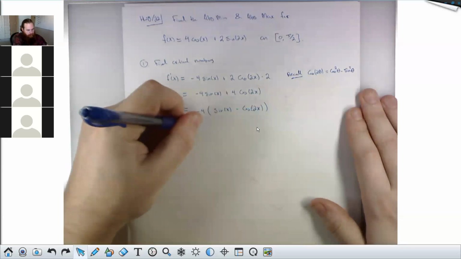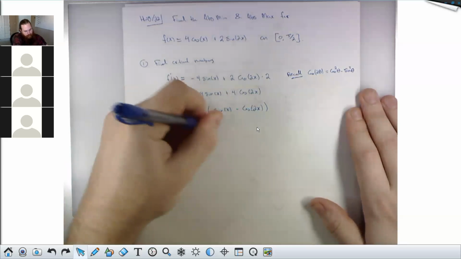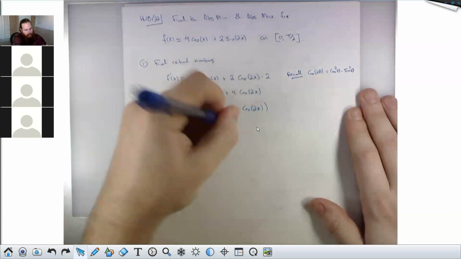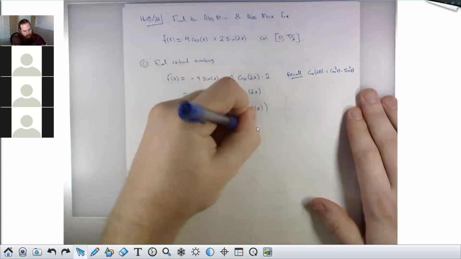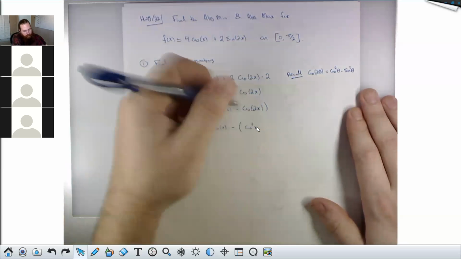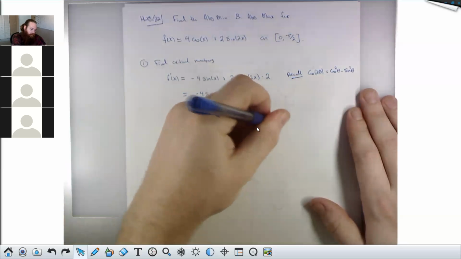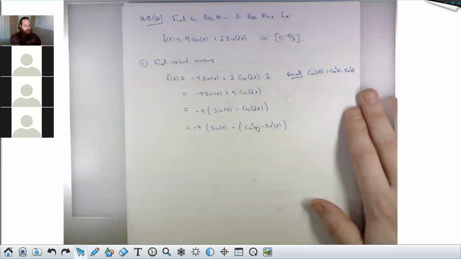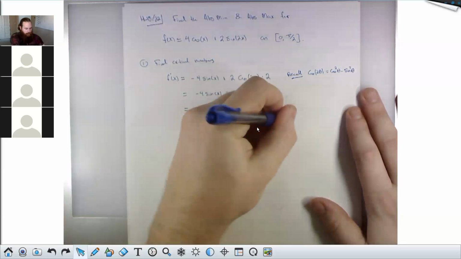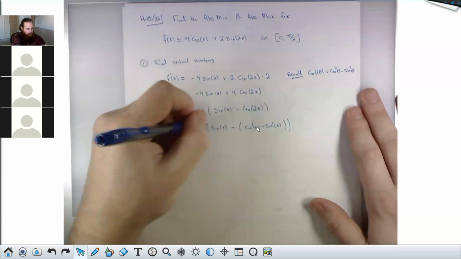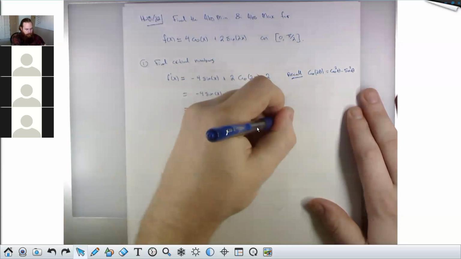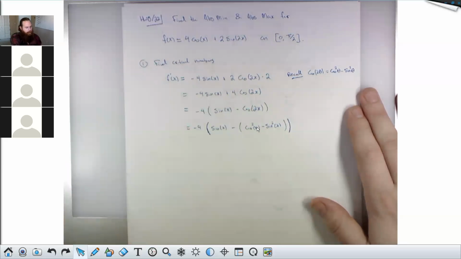So this is negative 4 times sine x minus cos squared x minus sine squared x. Close and close. All right, so that big paren at the end closes the big paren here. I'll distribute this negative.